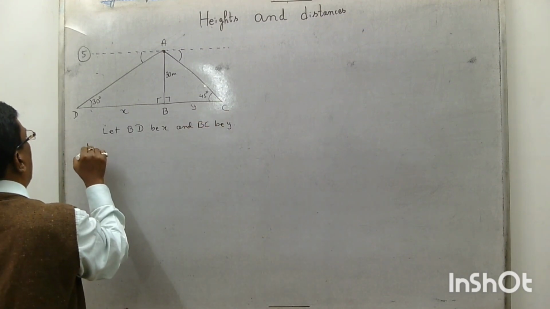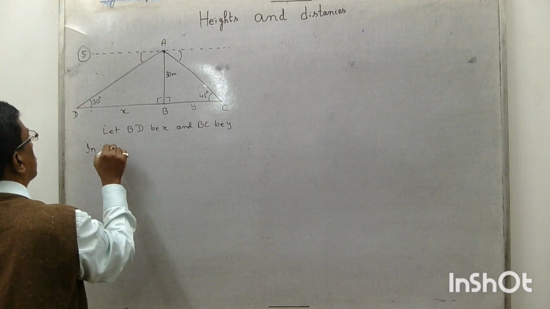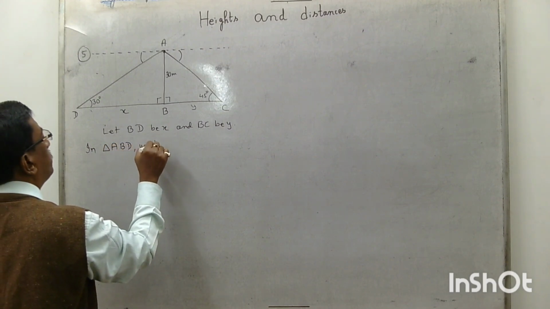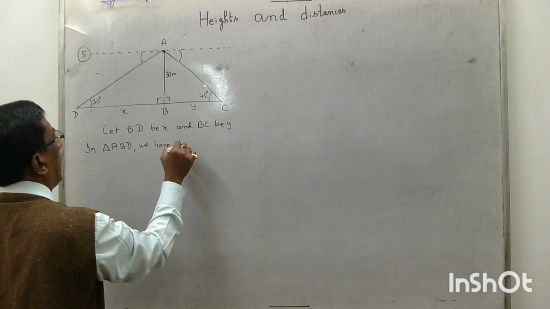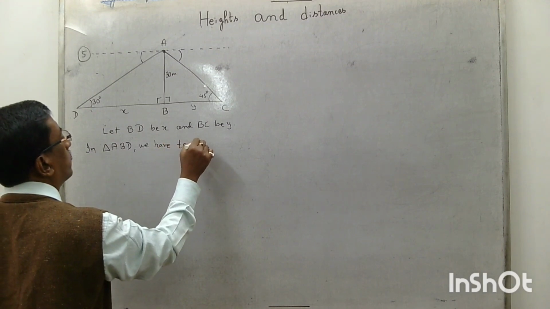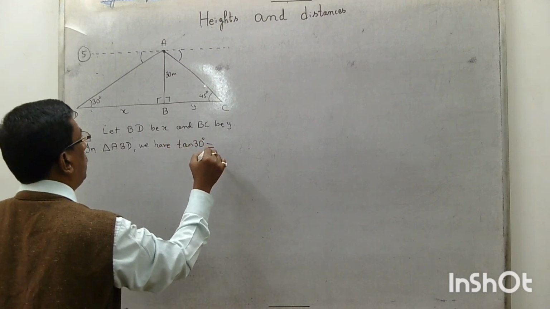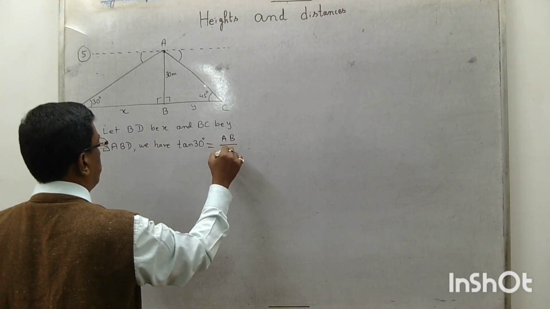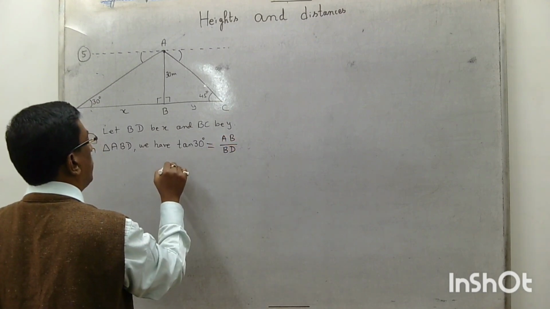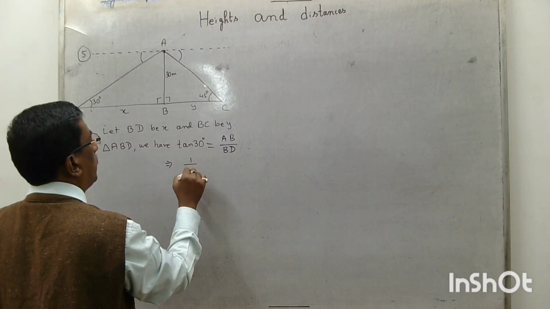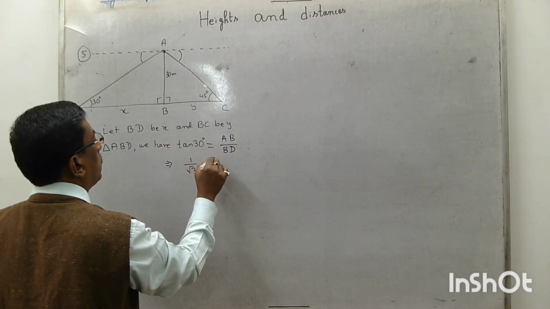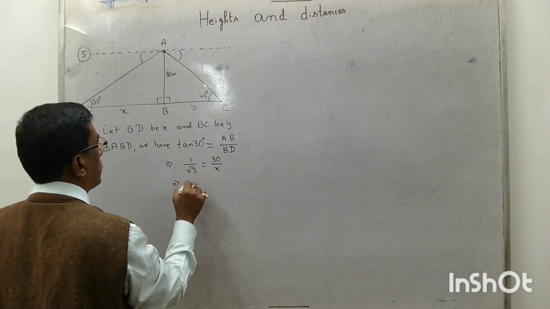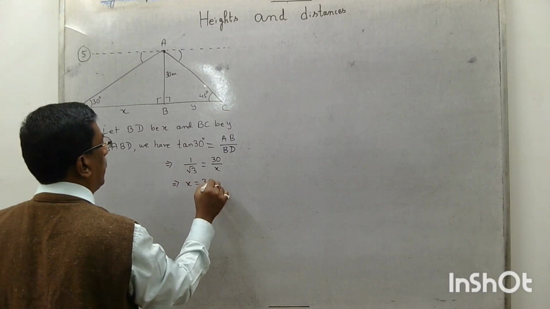In right angle triangle ABD, we have tan 30 equal to AB by BD, which means 1 by root 3 equal to 30 by x. So x equals 30 root 3.